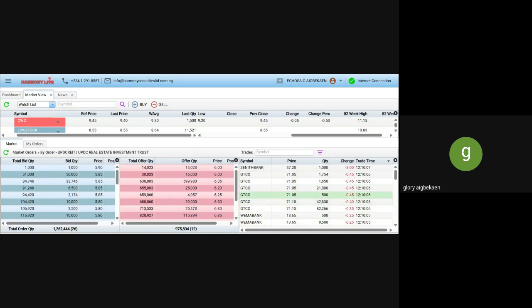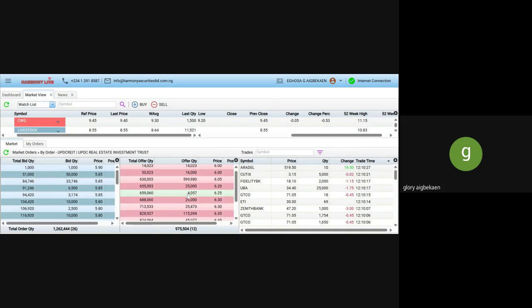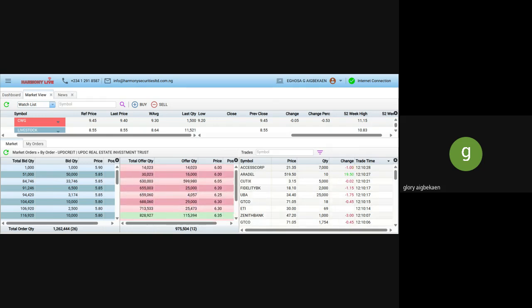So when we find a situation like this, when there's no negative news, it's just a pullback. Yeah, we can take a bet that this is an opportunity. Let's buy.